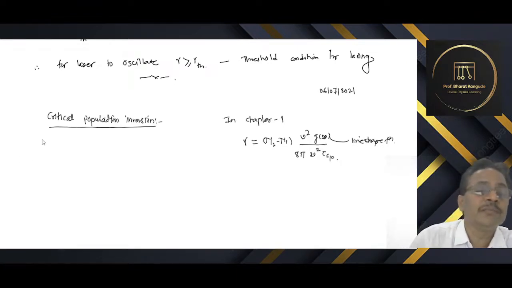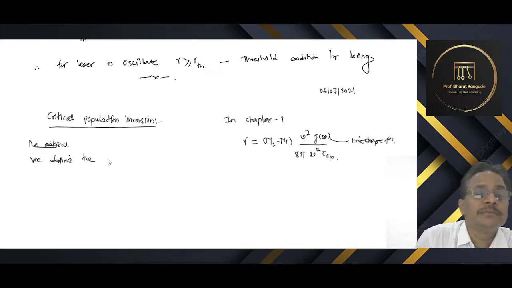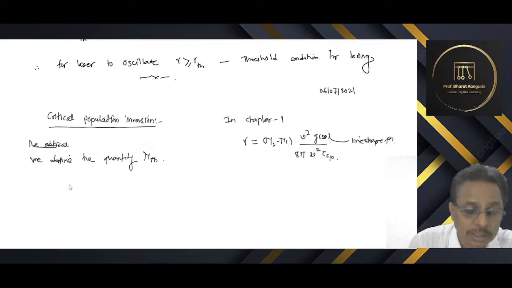So this quantity, the critical population inversion, we can define the quantity as nth. What is this threshold population density, also called critical population inversion?